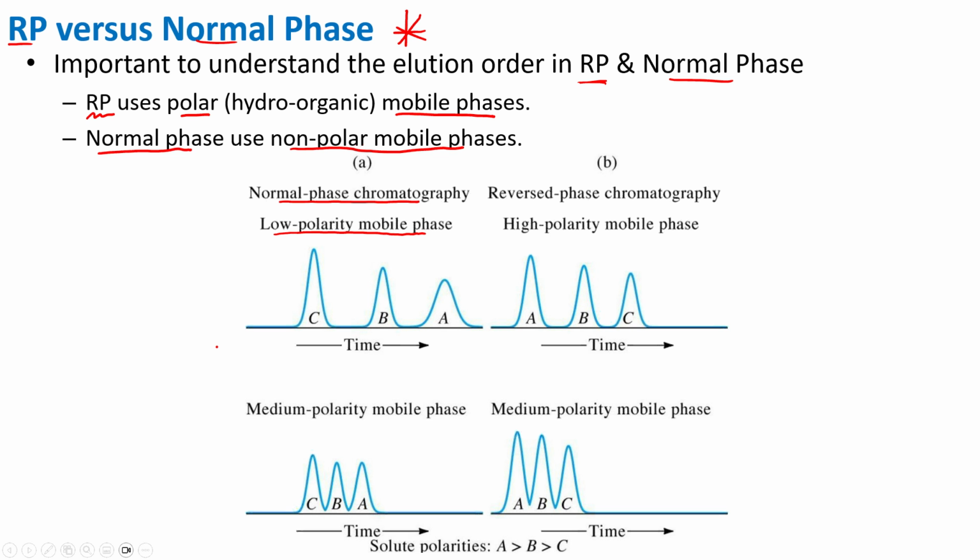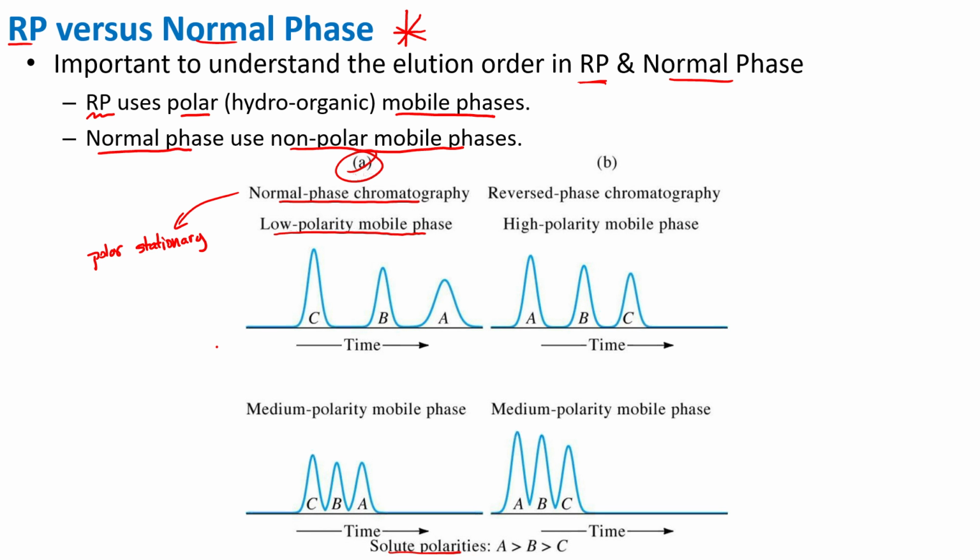Okay. So in this example, in A on the left-hand side, we're in normal phase. In normal phase, that means it's a polar stationary phase, and the things that are going to stick to it most are going to be the things that are most polar. So here are the polarities of the solute.